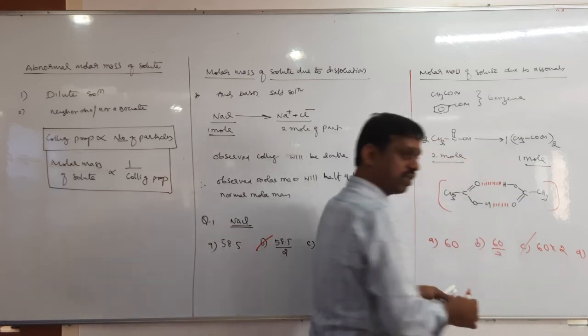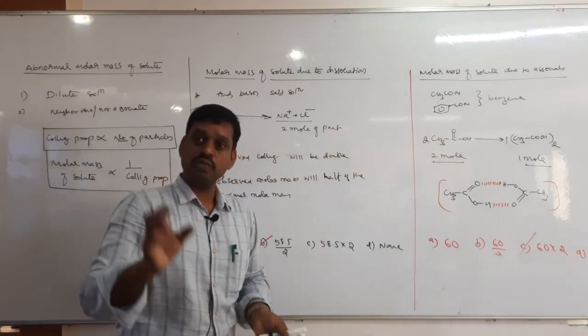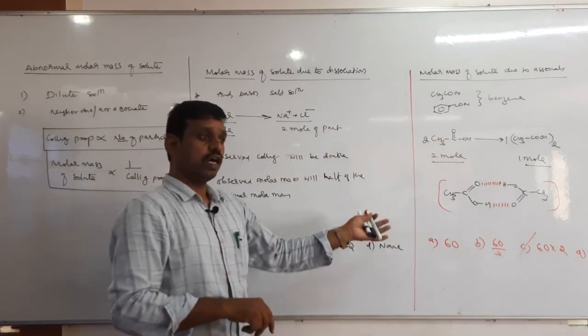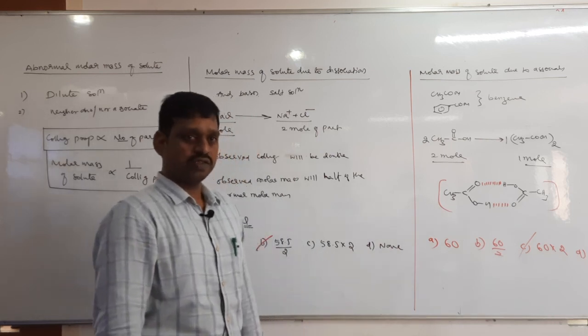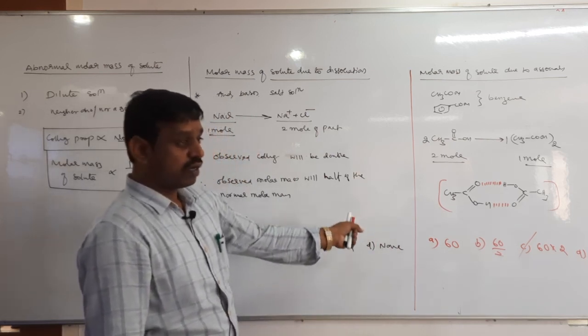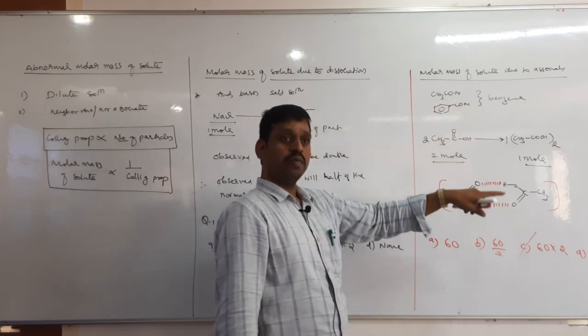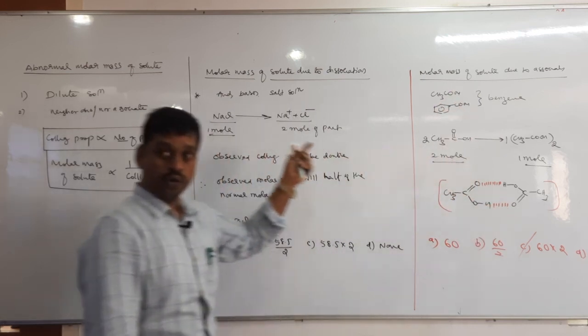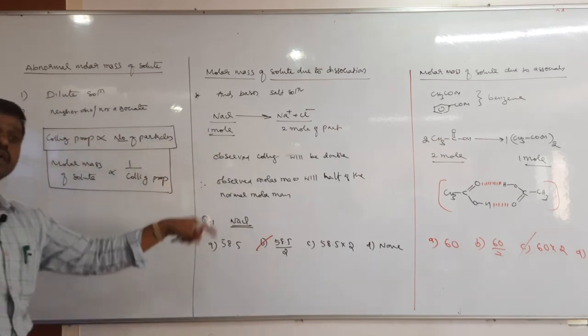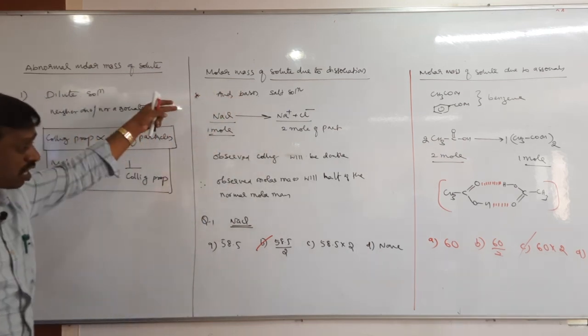It is C. Therefore, the observed molar mass will be double the normal or theoretical molar mass. Due to association, colligative property becomes half and molar mass becomes double. Due to dissociation, colligative property becomes double and molar mass becomes half.